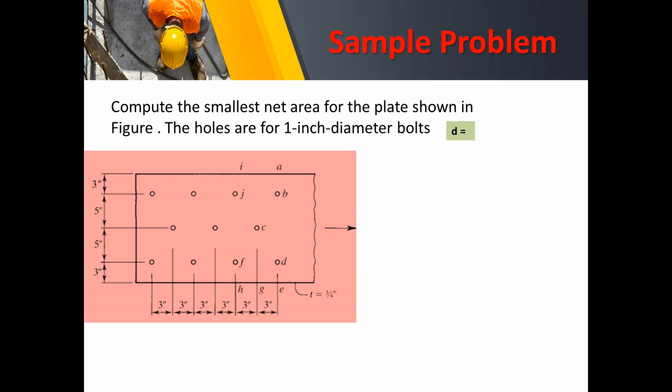First things first, we need to compute the effective area of the space occupied by the bolt. Of course, it's mandated that we add 1/8 to your diameter, and that will be the effective or nominal area for the bolt, and that will yield 1.125.